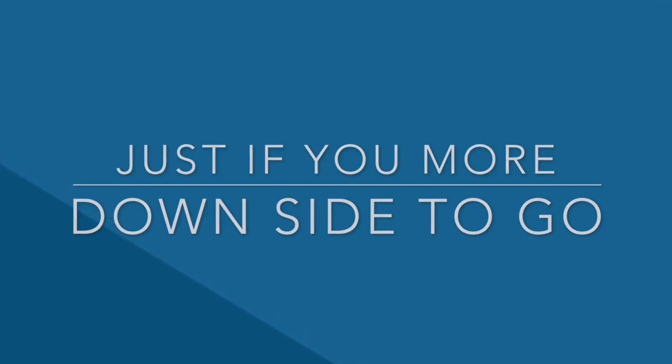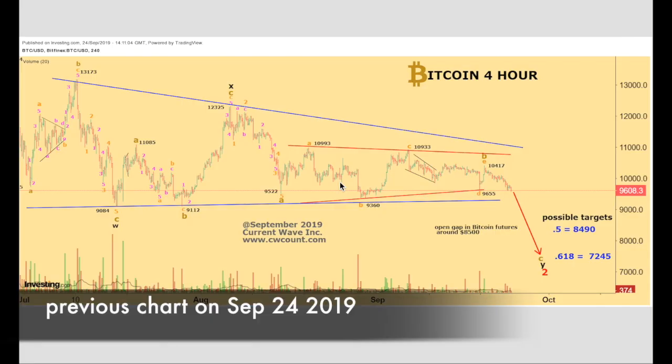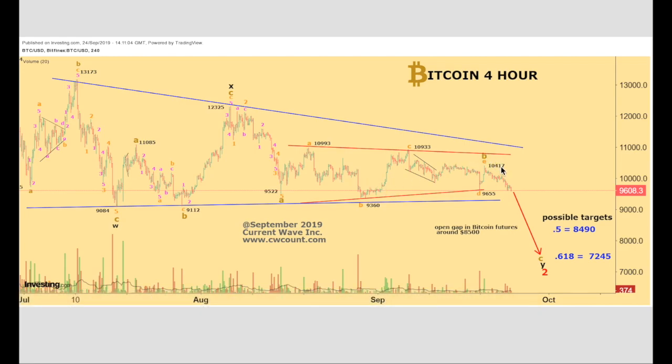We stated that there was a triangle forming, A, B, C, D, E, for minor B here, and that capped off at 10,417. So again, you see this ABCW, ABCX, you see an A and B. B is common for a triangle pattern, and we were expecting a move to the downside.